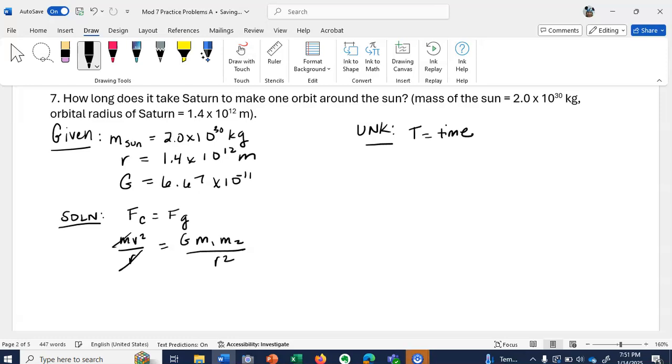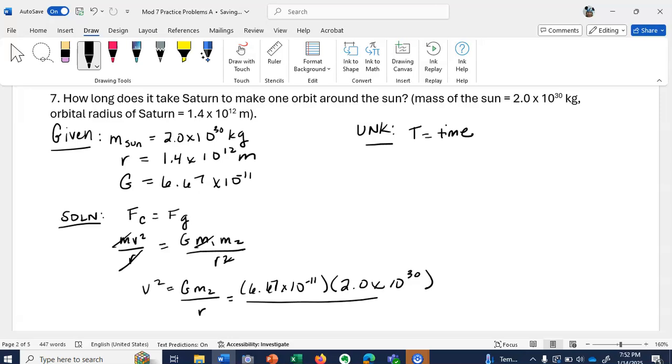So we're going to get rid of the repeated terms, and we have v squared is equal to G m2 over r, which is 6.67 times 10 to the negative 11 times 2 times 10 to the 30, over 1.4 times 10 to the 12th.